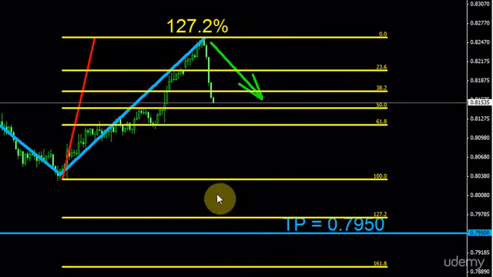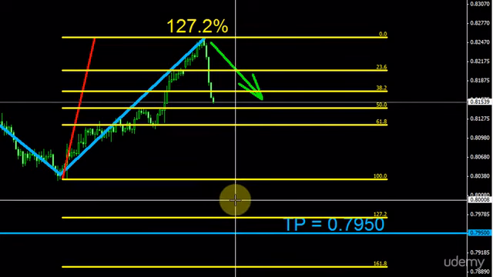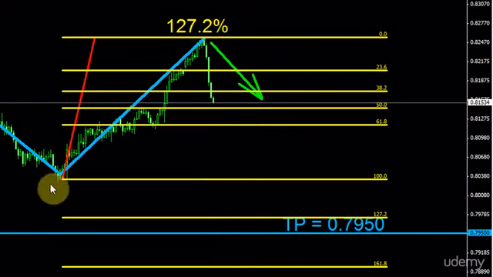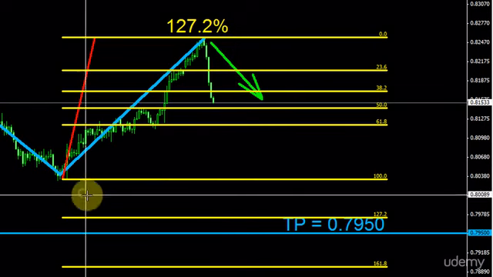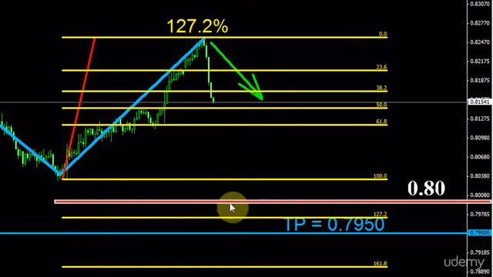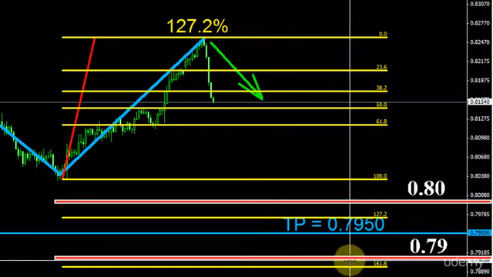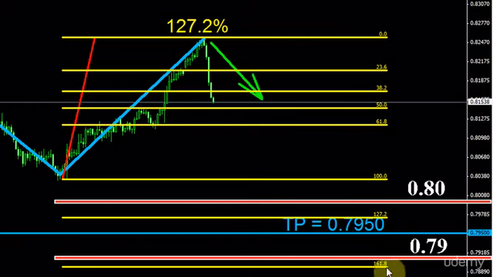But in our case, we have a very strong support level, 0.80, which the price has not been able to surpass two times already. So it is quite a strong bet that we will go through this level, and that's strong enough already. That's why I wanted to set the take profit a bit closer, a bit higher up, because there's another level over here which is 0.79, which just happens to be on the 161.8 line, or just above it.